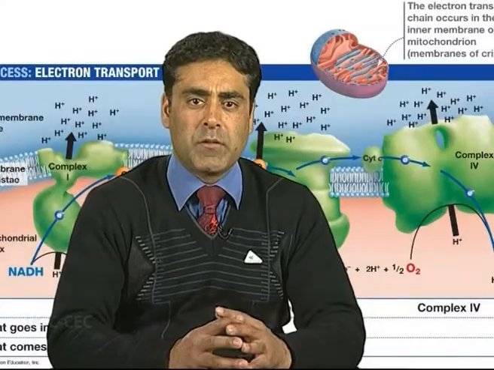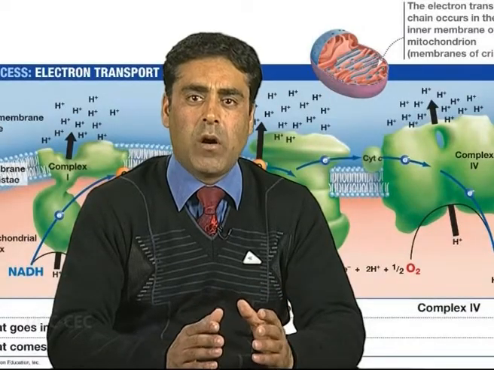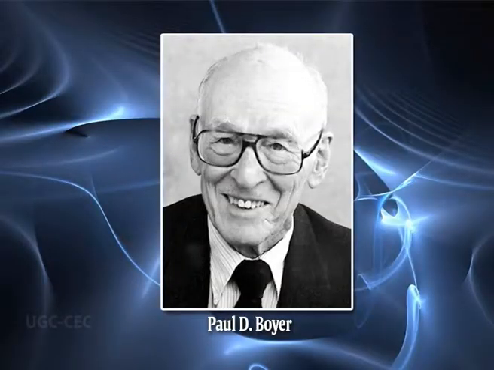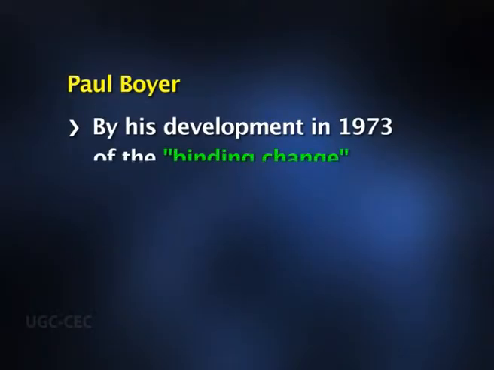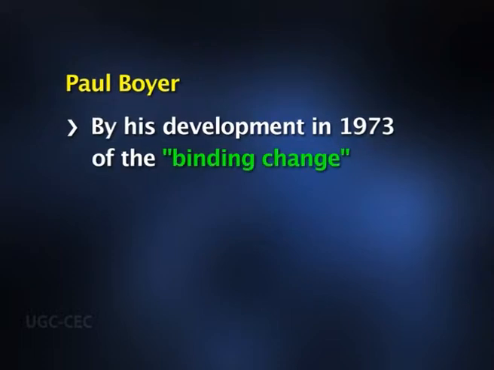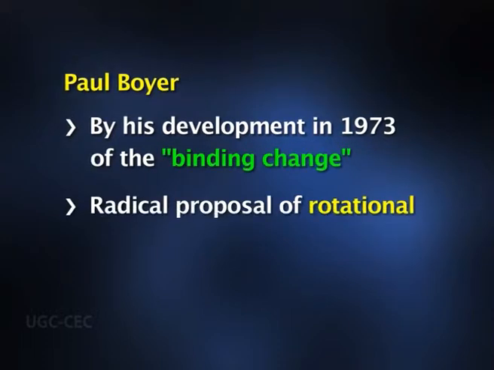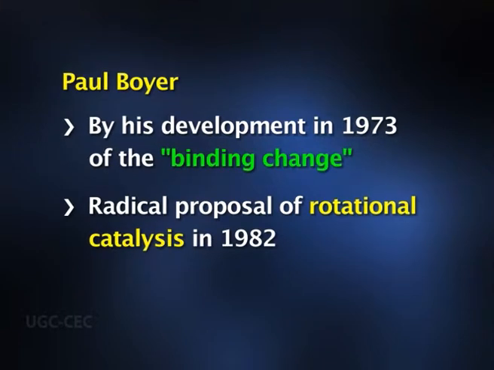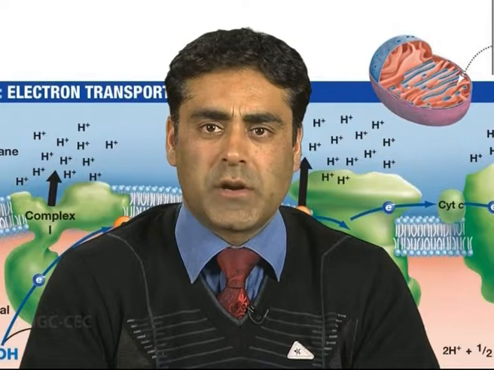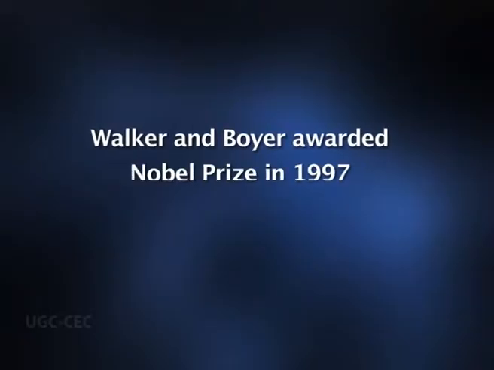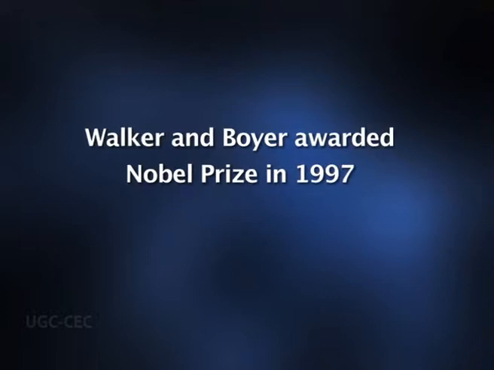A critical step towards solving the mechanism of the ATP synthase was provided by Paul D. Boyer by his development in 1973 of the binding change mechanism, followed by his radical proposal of rotational catalysis in 1982. More recent work has included structural studies on the enzymes involved in oxidative phosphorylation by John E. Walker, with Walker and Boyer being awarded a Nobel Prize in 1997.